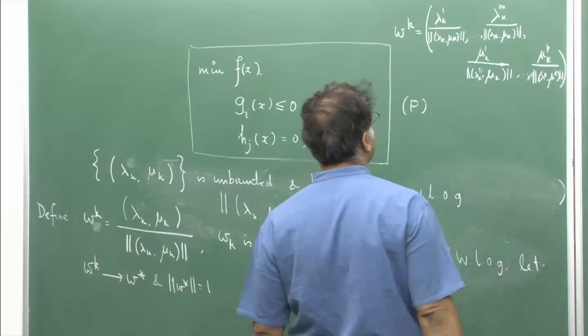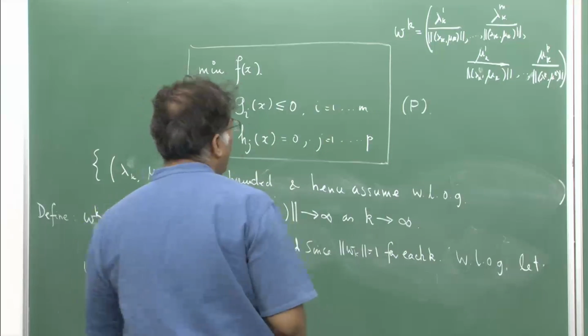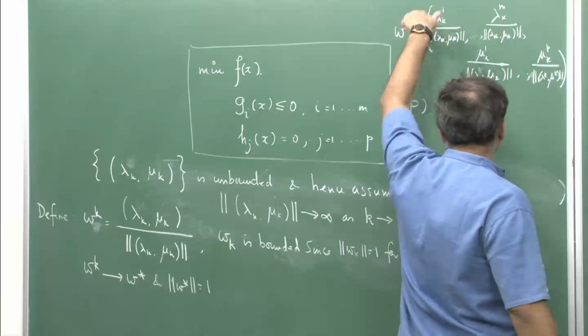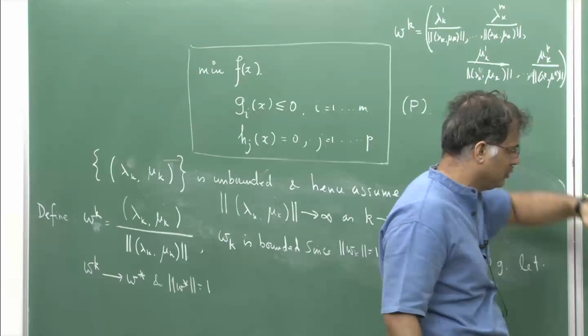This is your wk and this goes to w star. So, w star, these are individually converging to some numbers.